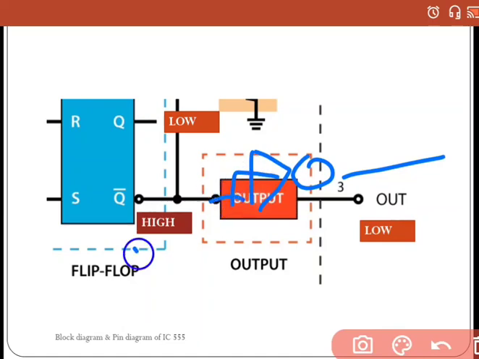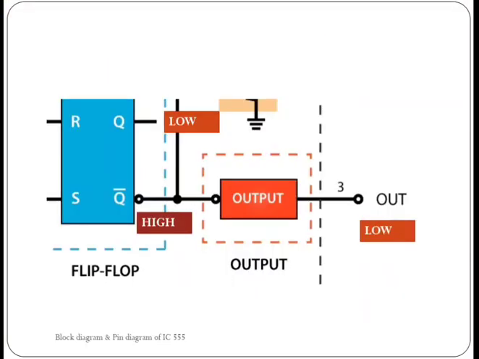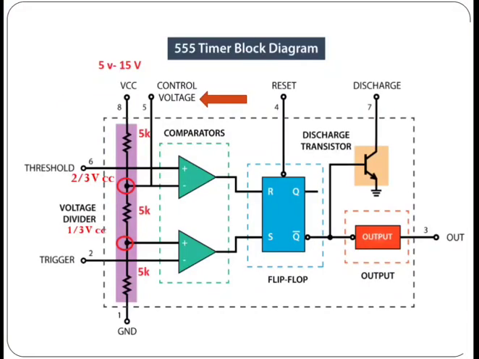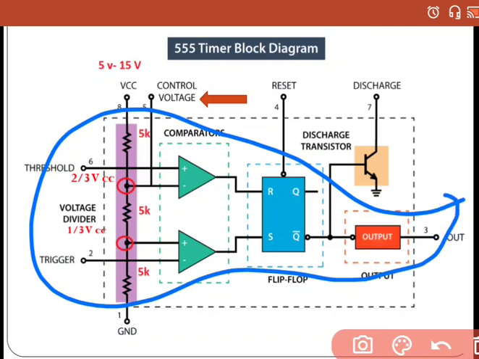That means when you are getting a high input, it is inverted, and you are getting a low output. When there is a 1, you will get a 0 here. So we have discussed how this thing is operating.